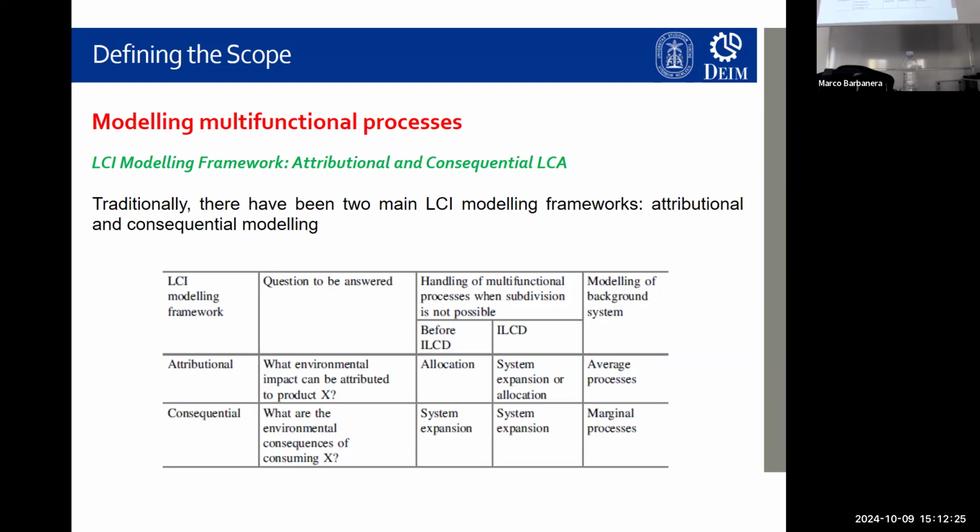ISO 14044 refers to attributional LCA study, not to consequential LCA study. But in literature, you can find some consequential LCA studies, okay?